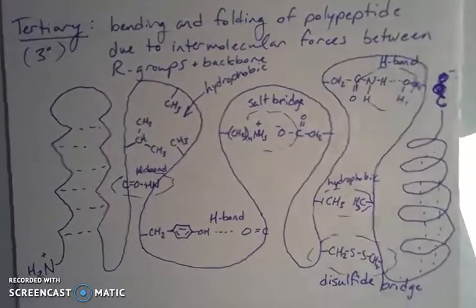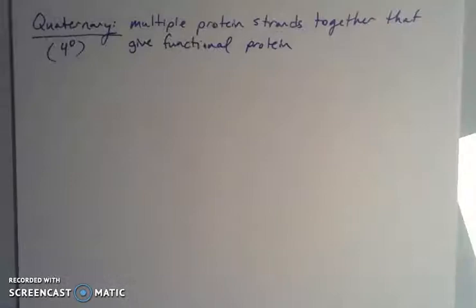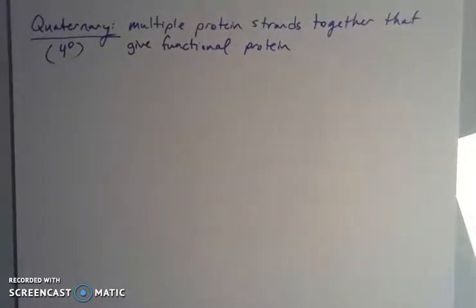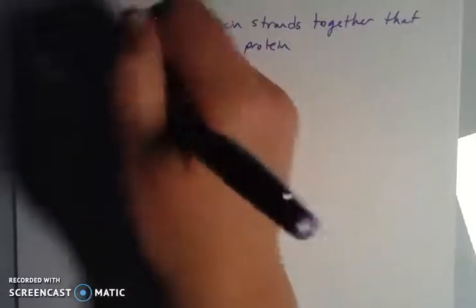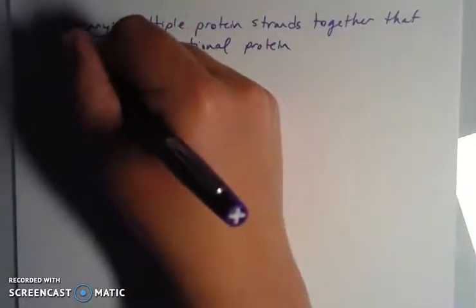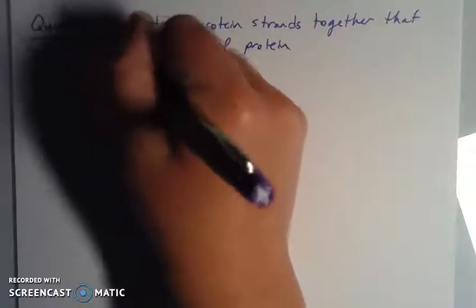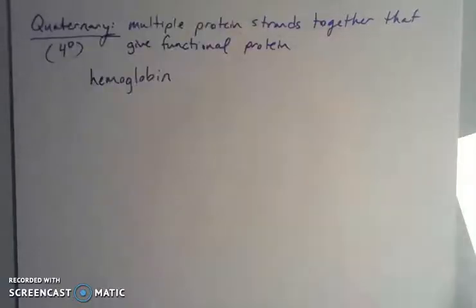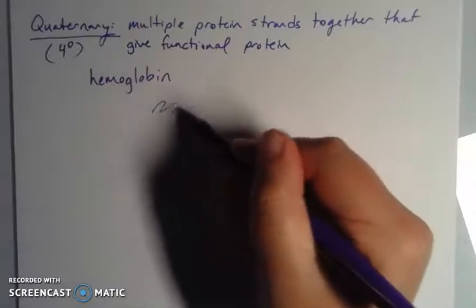Now, that could be where we stop in terms of levels of structure. But if I need more than one of them, then I can go to quaternary structure, where I have multiple polypeptides that I put together, and that gives a functional protein. The one example that people always use is hemoglobin. If you see a picture of hemoglobin, it's a bunch of alpha helices.